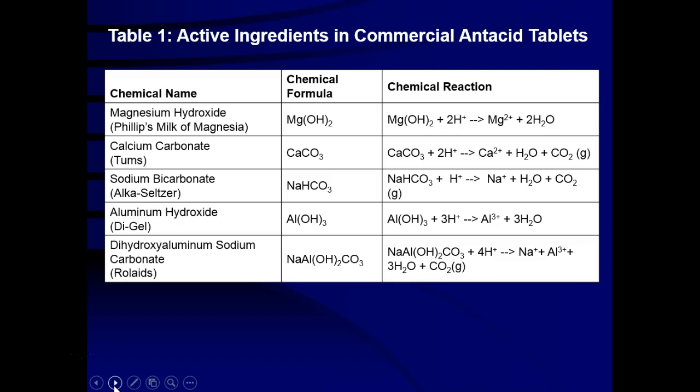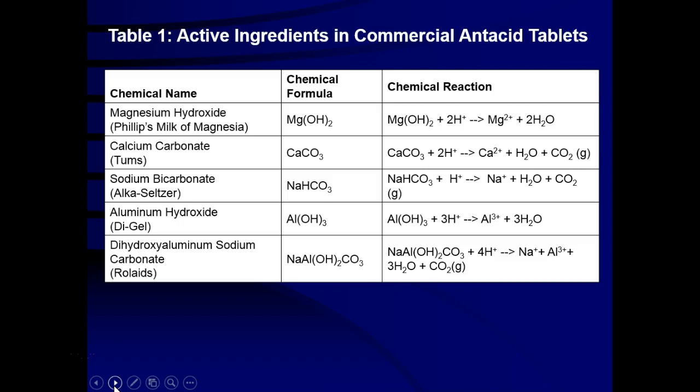Now, in our blood we have a very, very narrow pH range, 7.35 to 7.45. And we have to keep our blood within that pH range. Outside those ranges can be very dangerous. In fact, if the blood becomes too acidic or too basic, it can kill us. It can be lethal.